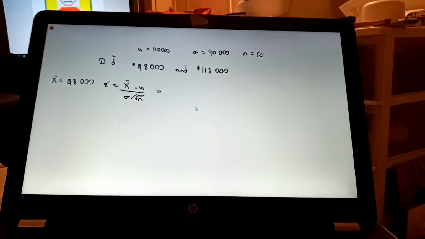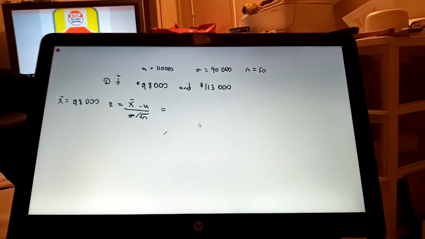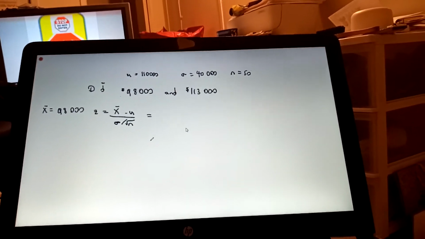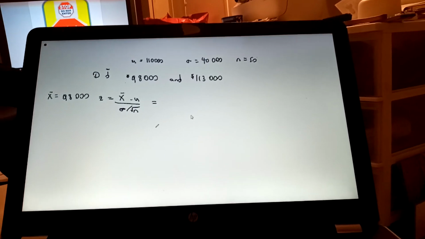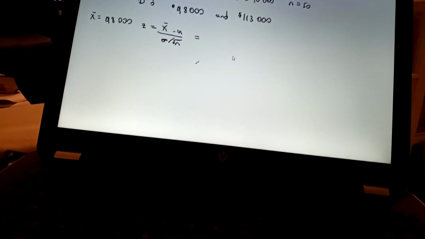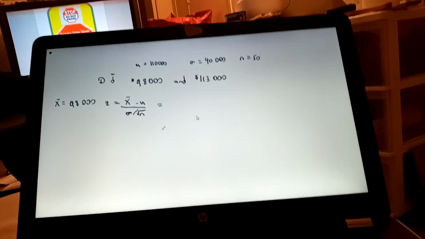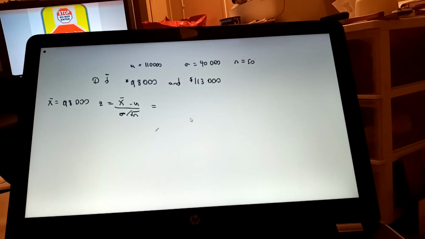And then you'll have to do a separate second one for the other one. Yeah, because I think for a lot of people here, they'd be tempted to plug both of those averages in and to find only one z-score for them, but that's not what you do. Every x bar average corresponds to its own distinct z-score. So in this case, since you have two of them, you'll have two z-scores at the end.